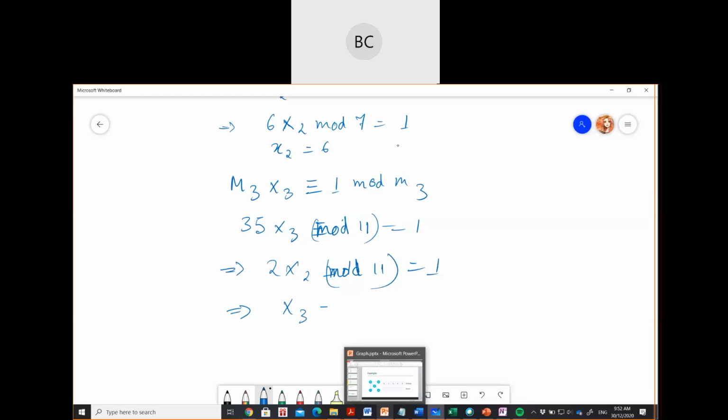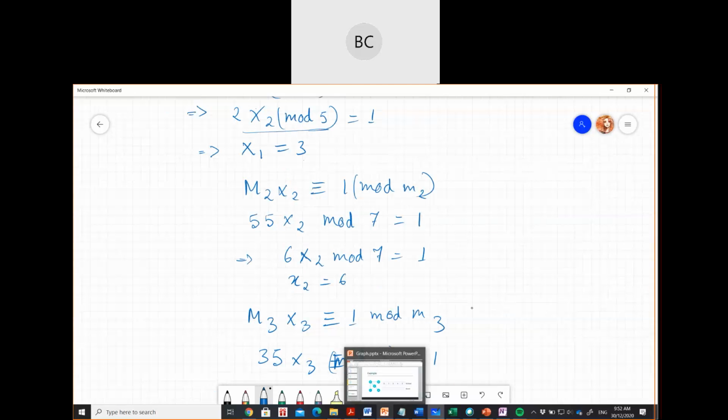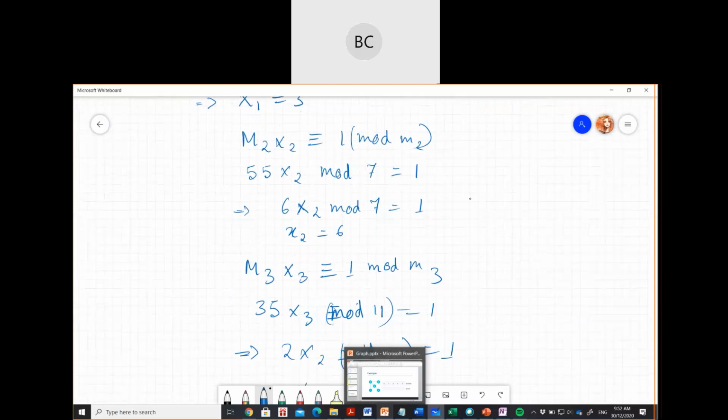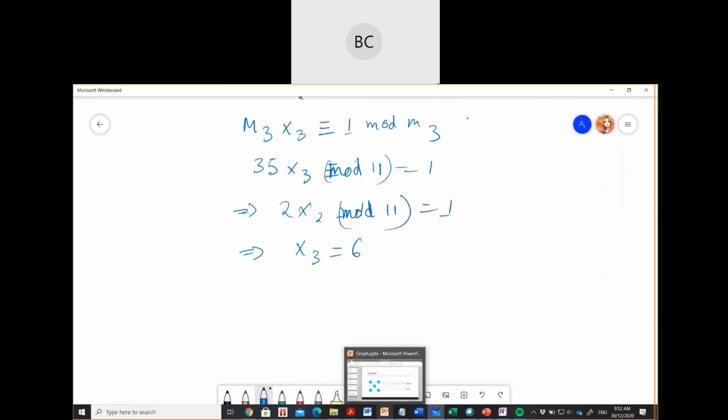So x3 we can say is 6. So now we have found out all x1, x2 and x3.